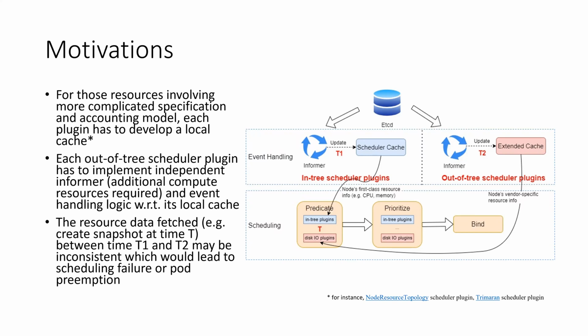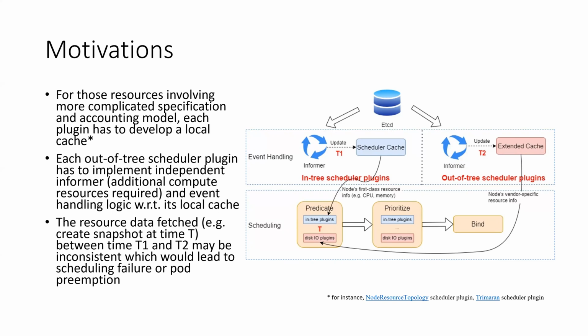Each plugin has to develop a local cache, and also implement independent informer and event handling logic. Every scheduler plugin has to implement that, which is a duplicated effort.